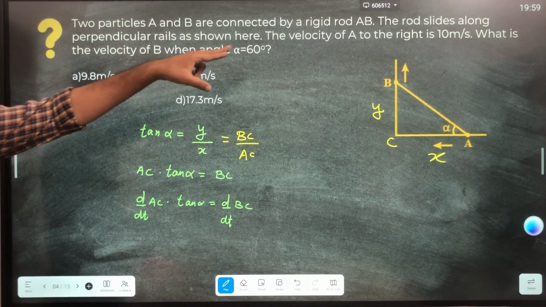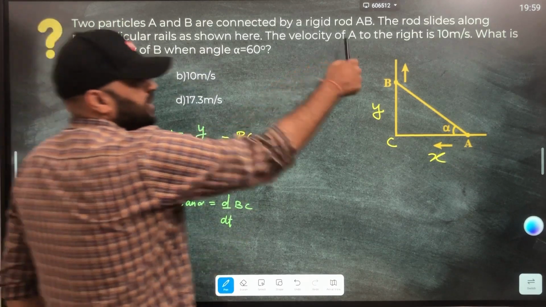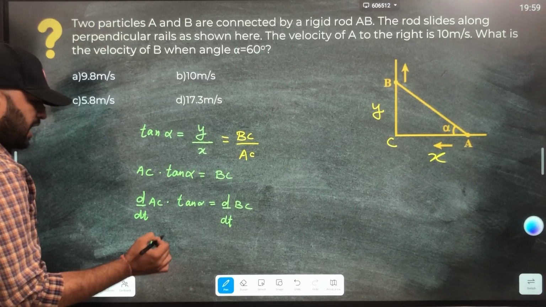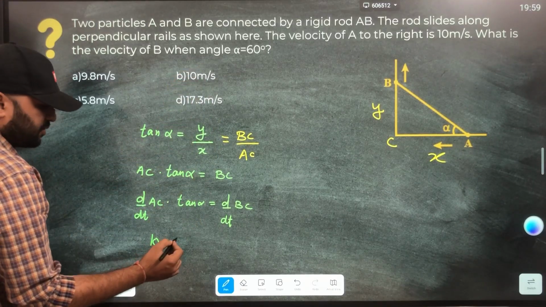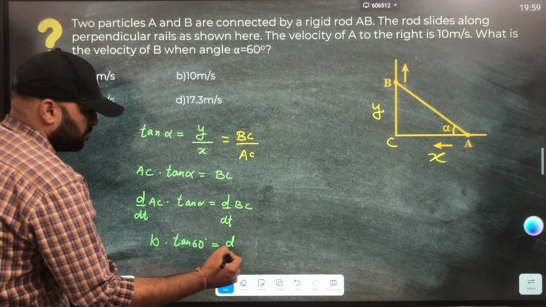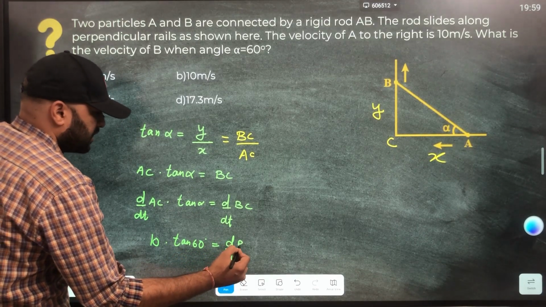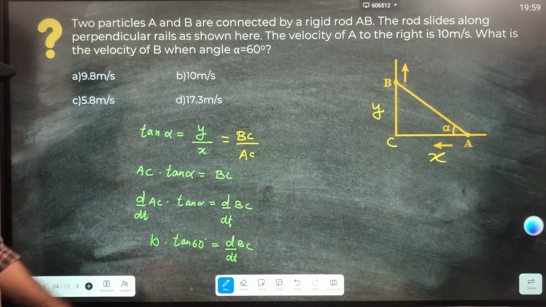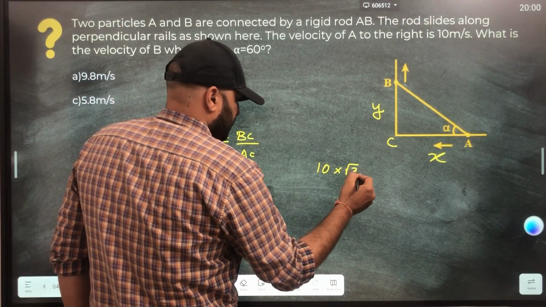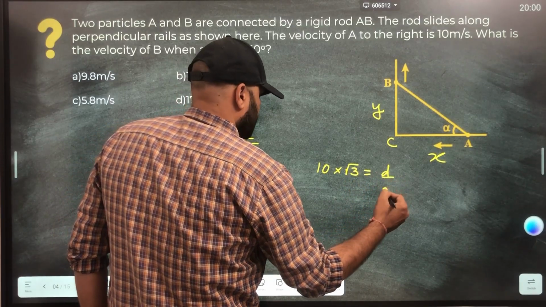It is dx by dt, how the position of A is changing, which is the velocity of A, 10 meter per second. So it will be 10. And what is tan alpha? Alpha is 60 degree, so tan 60 degree. That will be equal to how BC is changing. Tan 60 is nothing but root 3. So 10 into root 3 will be equal to d by dt of BC.